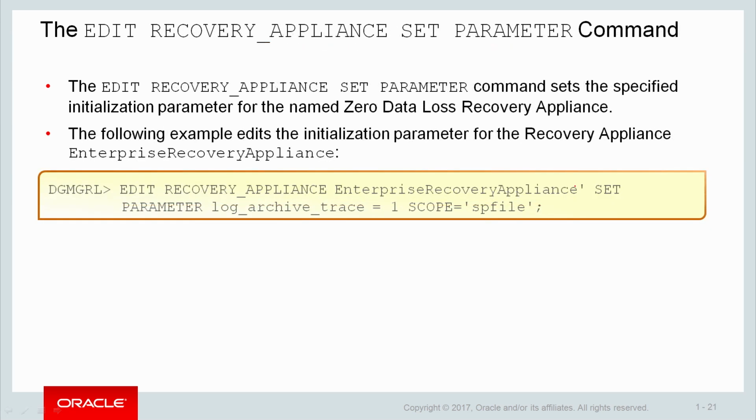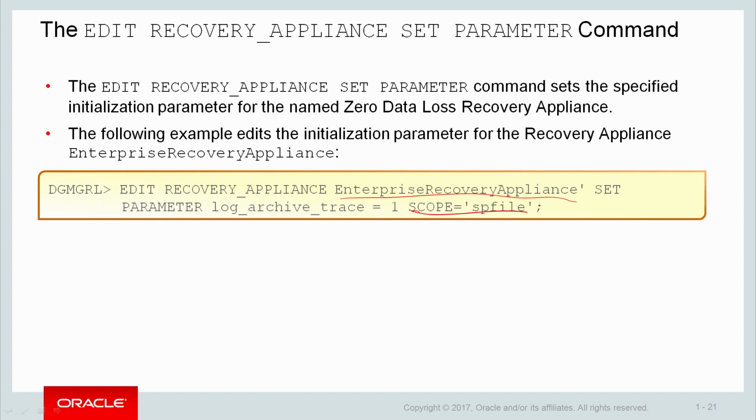Now, if you're using a zero data loss recovery appliance, you can also make use of these commands. So edit recovery appliance set parameter. So here we are editing the recovery appliance, enterprise recovery appliance, that's the name. Set parameter log archive trace equals 1, scope equals SP file.